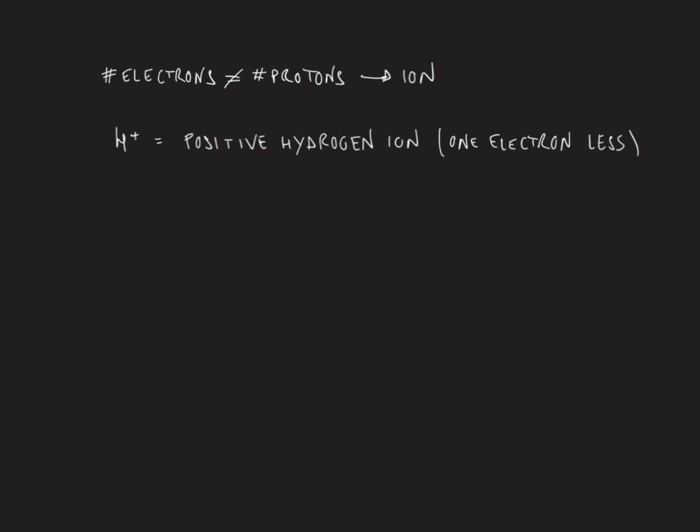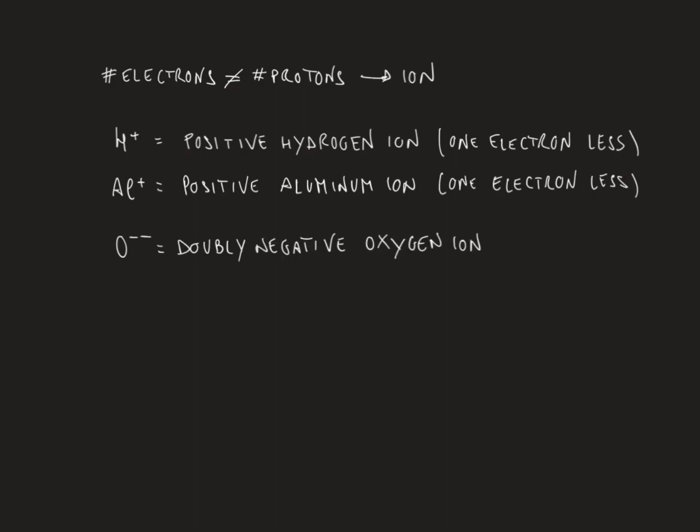As a further example, Al+ represents a positive aluminum ion, where one electron has been removed from around the nucleus. A negative ion is an atom where the number of electrons is larger than the number of protons instead. For example, the symbol O-- indicates the doubly negative oxygen ion, so an oxygen atom with 2 electrons more than in the neutral configuration of the oxygen.